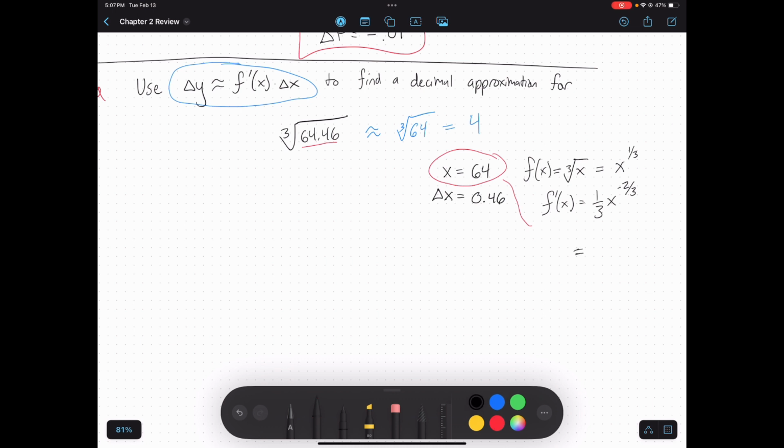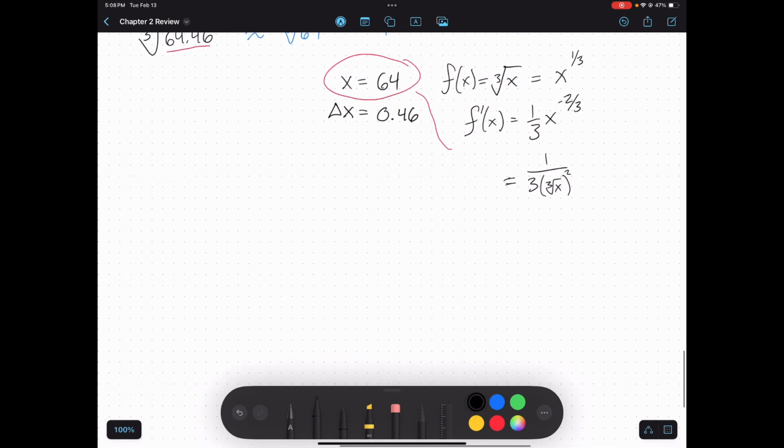That's a simple calculation that I can do without a calculator, because I can rewrite this as 1 over 3 times x to the 2/3, which is the cube root of x squared. Or conversely, it makes it a little bit nicer: it's the cube root of x, all squared. You can choose what order those two things go in.